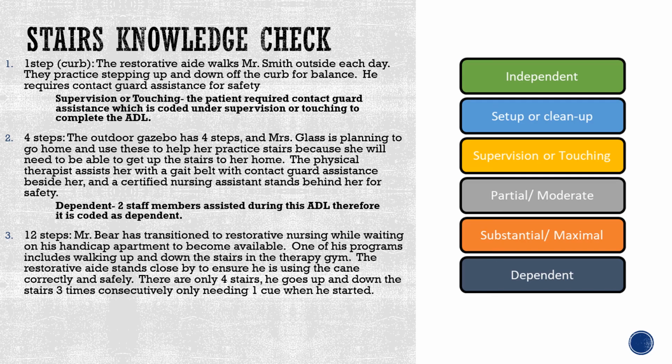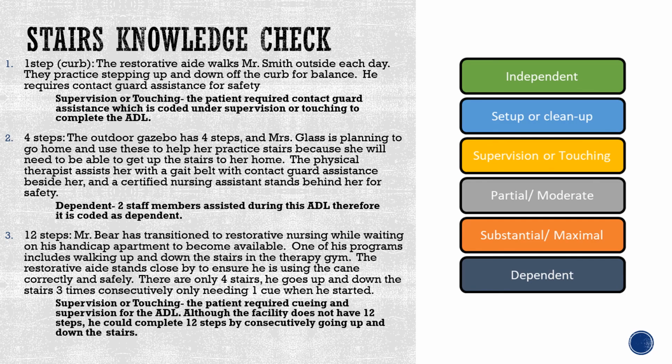How do we code 12 stairs? This is coded as supervision or cueing. The patient required cueing and supervision for the ADL, and although the facility doesn't have 12 steps, he completed the 12 steps by consecutively going up and down the stairs.